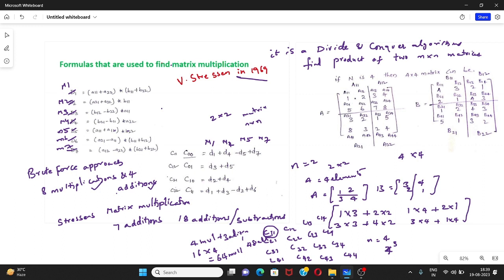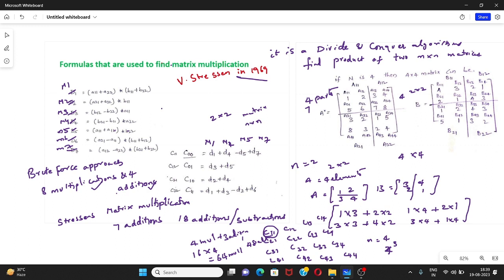Now you can see each and every element is represented with a corresponding row and column element here, and the 4 by 4 matrix is divided into four 2 by 2 matrices. So we are divided into 4 parts. For each and every part, how many multiplications does it take?